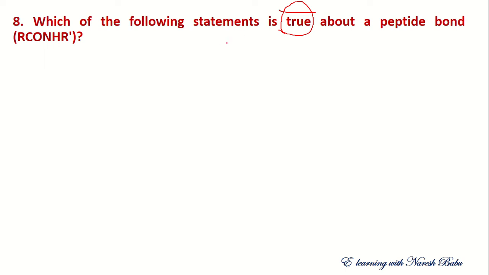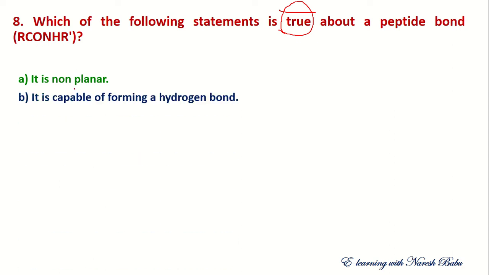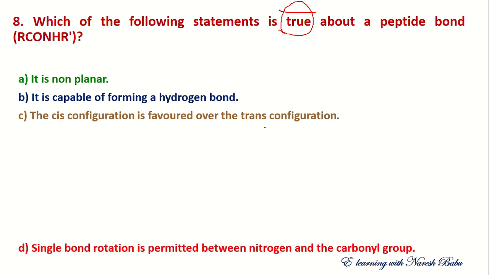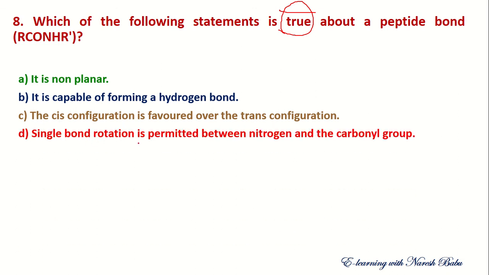Among these four statements, which one is true? The peptide bond is planar, non-planar, or capable of forming a hydrogen bond. The cis configuration is favored over the trans configuration. Single bond rotation is permitted between nitrogen and the carbonyl group. These are the statements given. Among these, which one is true?